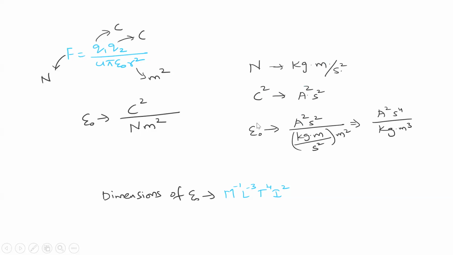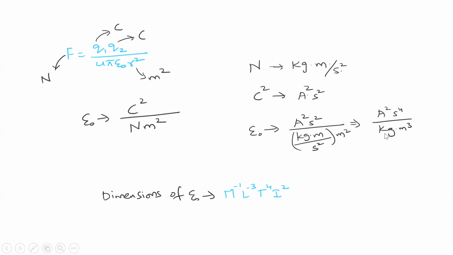Now, epsilon naught goes this way, and F comes into the denominator. Substituting the Newtons, that is kg meter per second square, we end up having ampere square second to the power 4 in the denominator kg times meter cube.